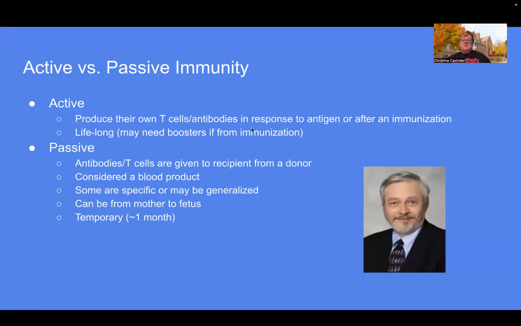So we have active and passive immunity, and this gentleman here is Dr. Henry Jones. I think he is finally retired from Indiana University in Indianapolis. He came when I was a student in my nurse practitioner class. He came and talked to us about vaccines, active and passive immunity. And I'm telling you, he was just fabulous.